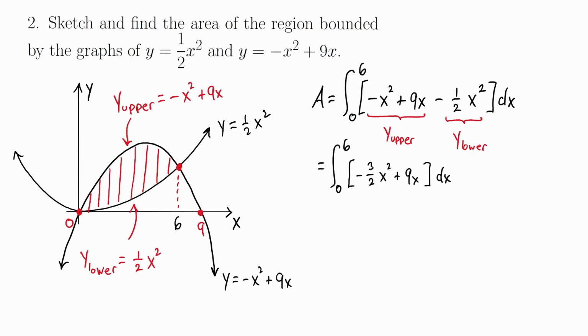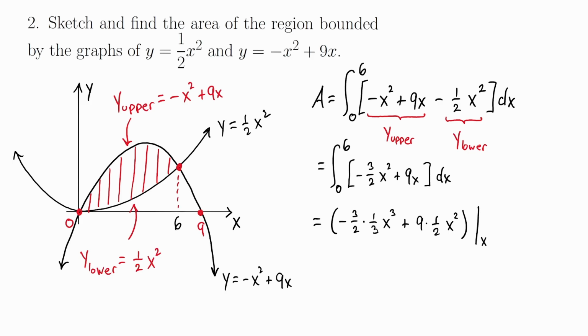And at that point, we can now easily find an antiderivative term by term by applying the power rule. So the first term, we're going to think of negative 3/2 as a constant multiple. Your antiderivative for x squared would be 1/3 x cubed. And the second term, think of 9 as a constant multiple, and your antiderivative for x is 1/2 x squared.